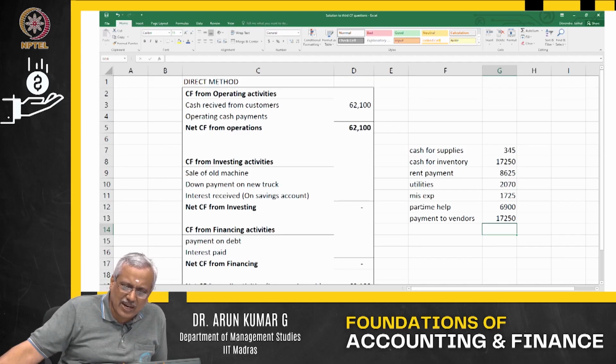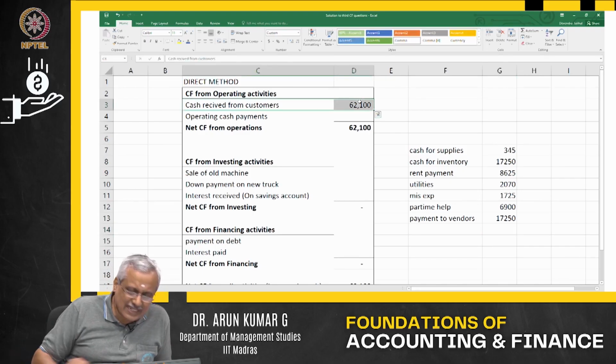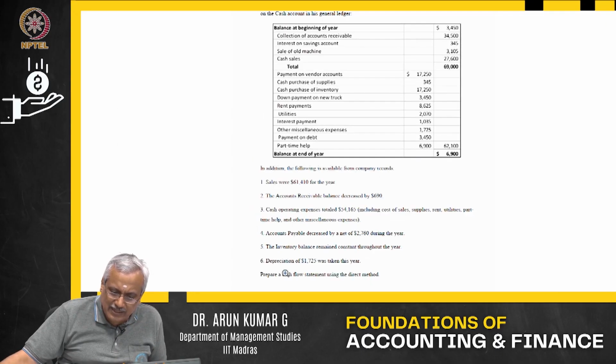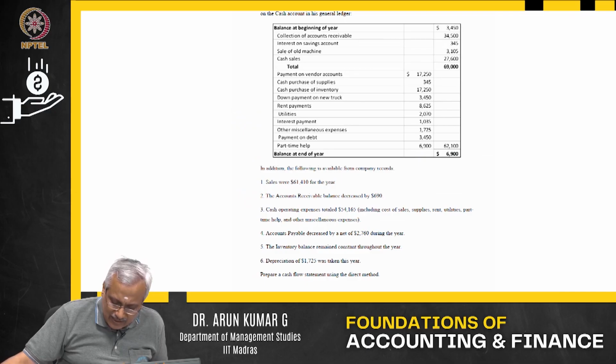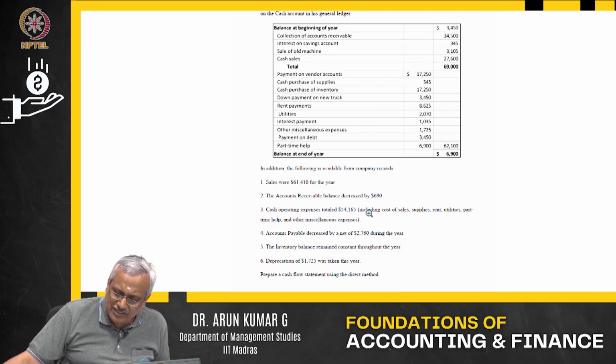Sales, we have already accounted for cash received from customers. Accounts receivable decreased by 690. We have already taken the collection from accounts receivable into consideration. Cash operating balances totaled so much. Accounts payable decreased by 2760, and we have accounted for that in payment to vendor accounts.